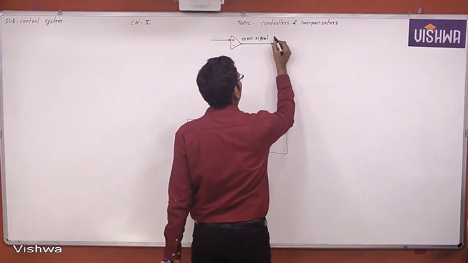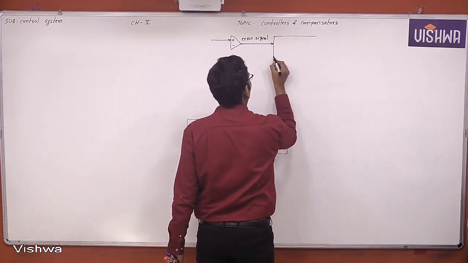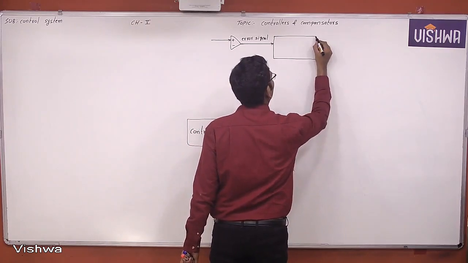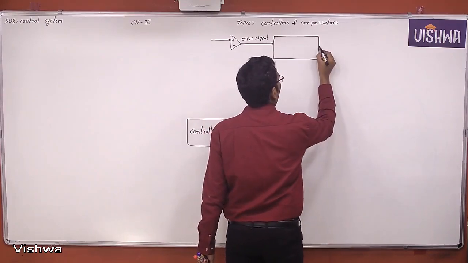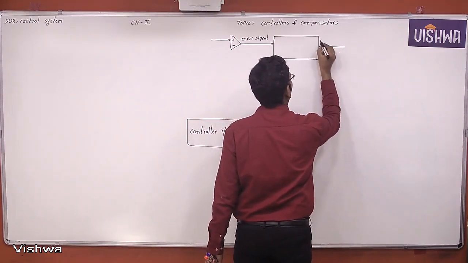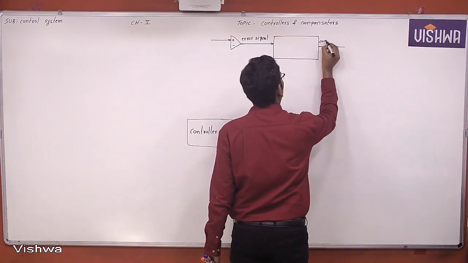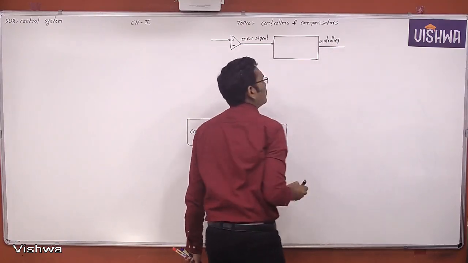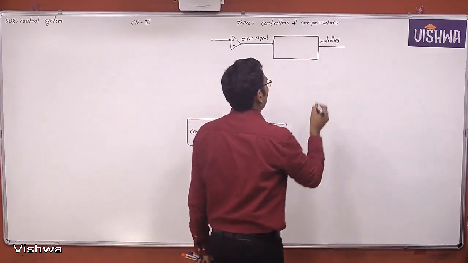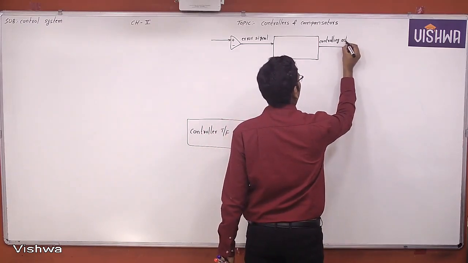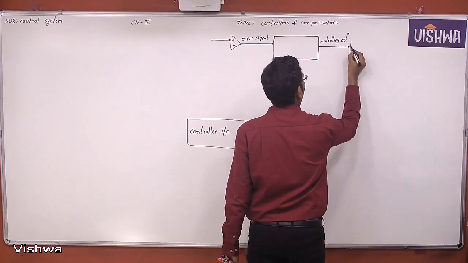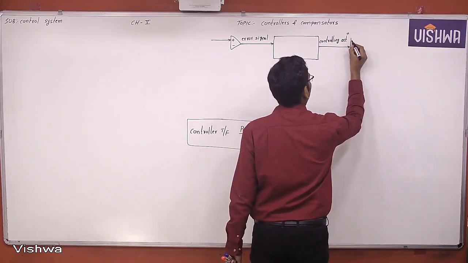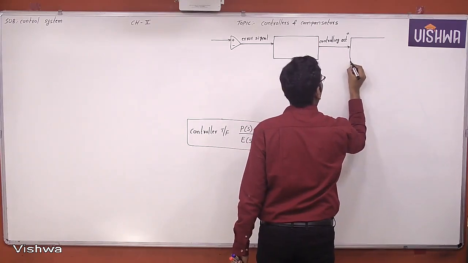Now this is the controller. This controller will produce some controlling actions, and this controlling action goes and operates on the actual system.